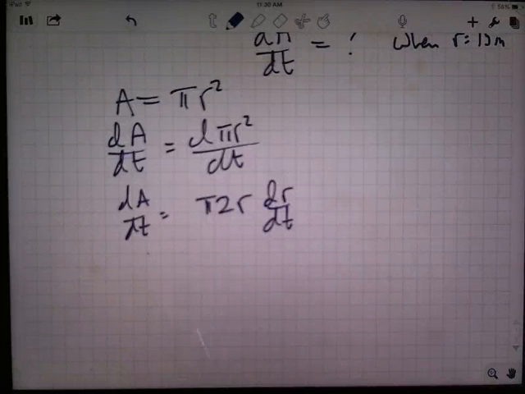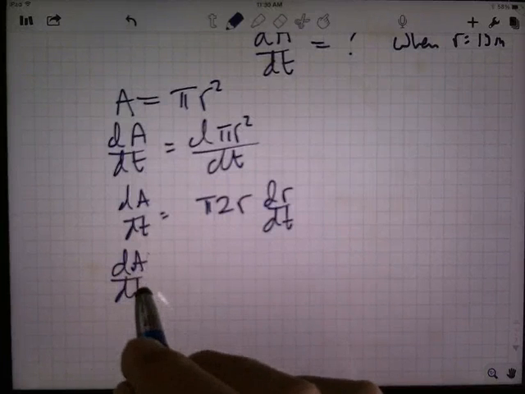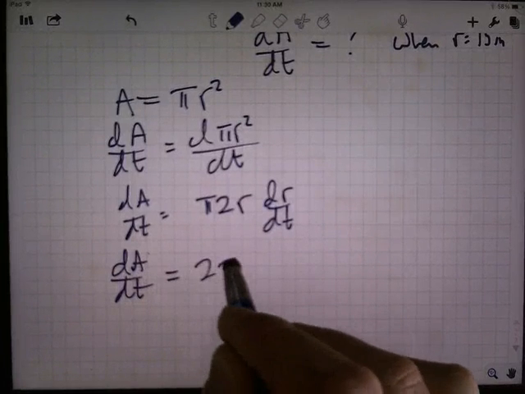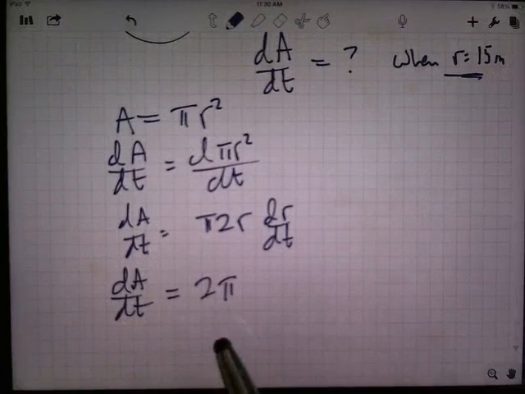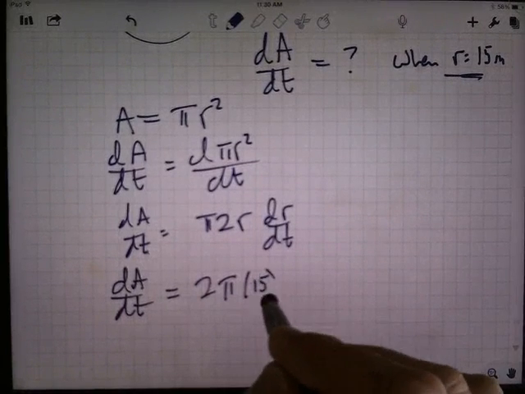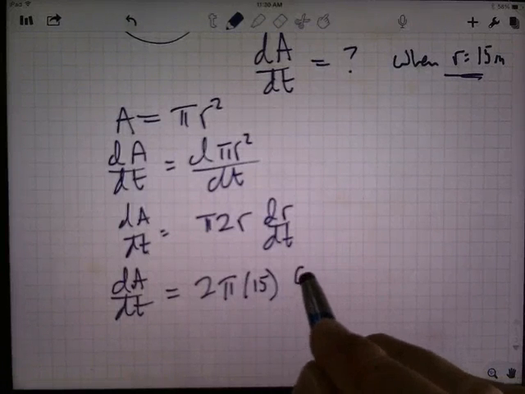Now that I've done that, I can plug in everything I know and solve for the one I don't know. dA/dt is the thing I'm looking for. 2 pi times r; they're telling me that I'm interested in when r is 15, so I'm going to plug in a 15 at this point. And dr/dt, they told me, was 6.